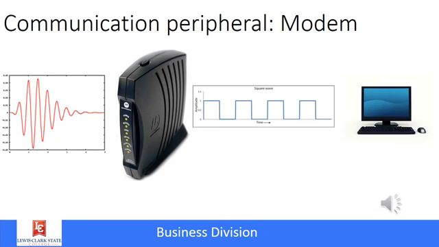Voice and sound waves are analog. Digital information is the information that a computer can understand. And it also goes the other way. So when you transmit something from your computer, the modem converts it to analog. And when you're getting information into your computer, the modem converts it from analog into digital.